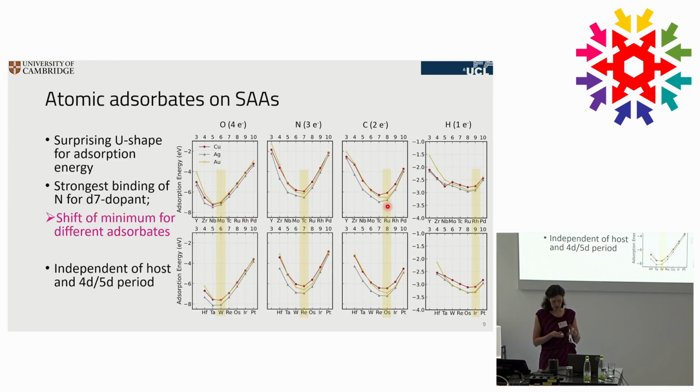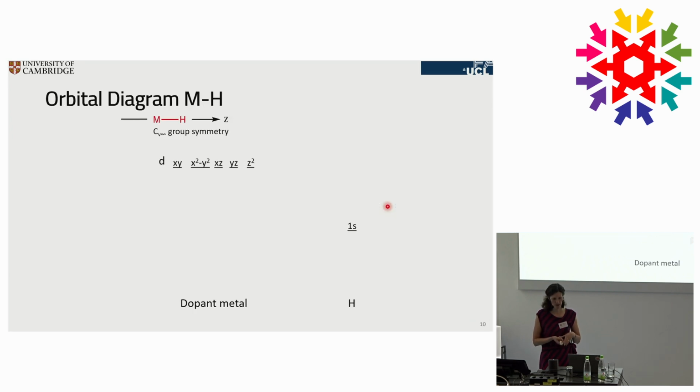So we thought, well, probably we should look at this as a molecular complex, and what if we could design a molecular orbital diagram? So here on the left-hand side, you see the five d orbitals of the dopant metal, and on the right-hand side, for simplicity, just the 1s of the hydrogen adsorbate.